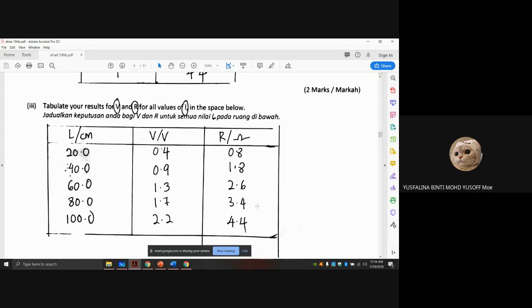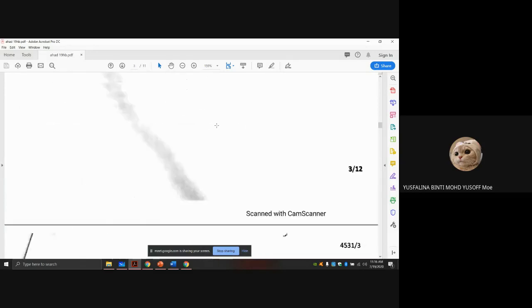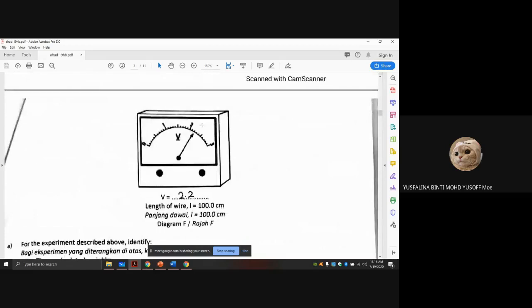Okay, and then you have to see, for this one, the voltmeter. If you put 0.40, it's wrong. Why? Because in the voltmeter here, the sensitivity is only 0.1. That is the smallest scale, right? You cannot get 0.01 here. The smallest scale here is 0.1.